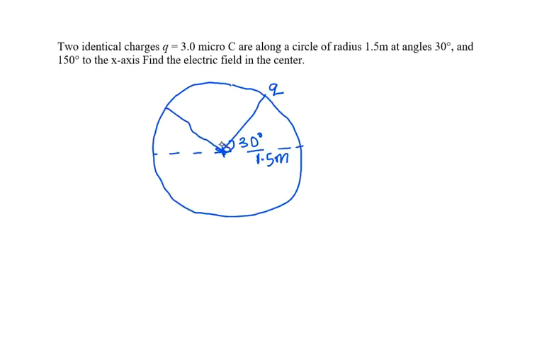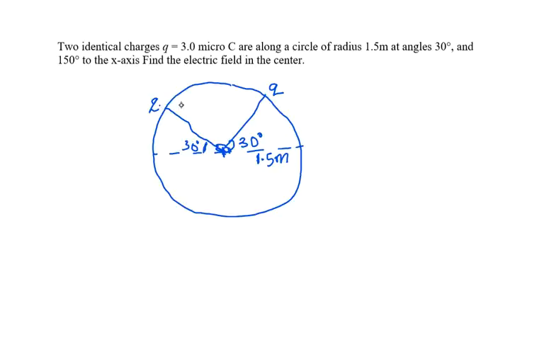From here up to this point is 150, so to find the angle over here will be 180, which is angle in a straight line, minus 150, and that will be 30 degrees as well. So this is the second charge, Q.